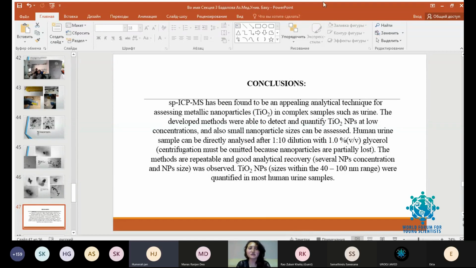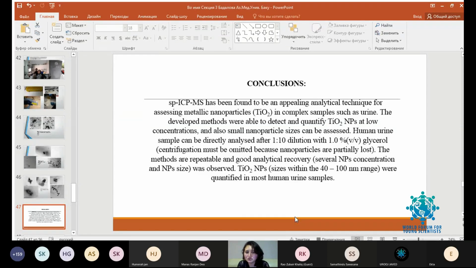And in conclusion of this work, I can say that single particle ICP-MS has been found to be an appropriate analytical technique for assessing metallic nanoparticles in complex samples, such as urine. The developed method was able to detect and quantify titanium dioxide nanoparticles at low concentration, and also small nanoparticle size can be assessed.